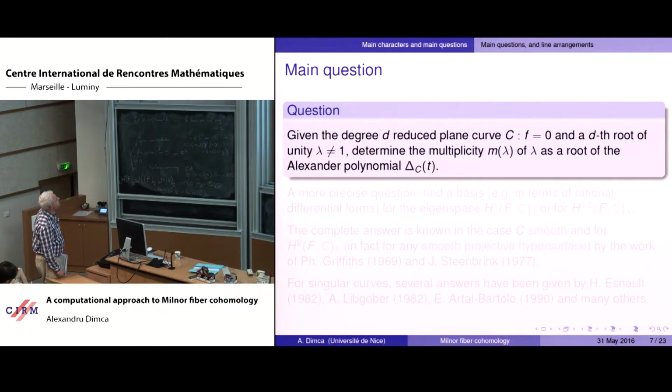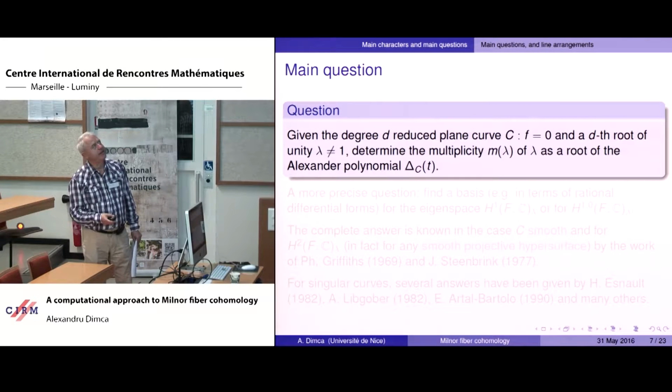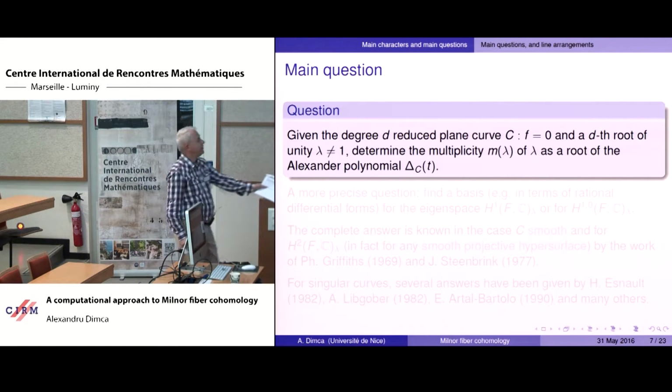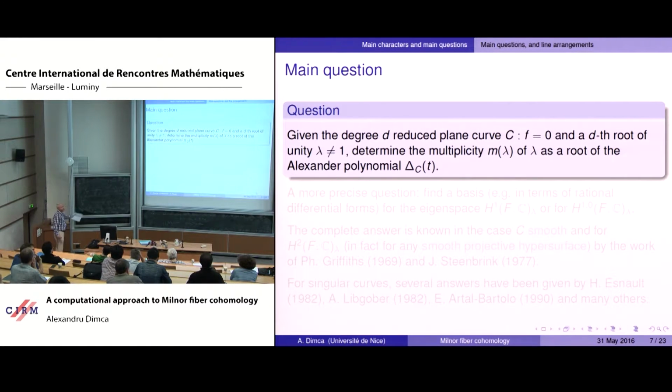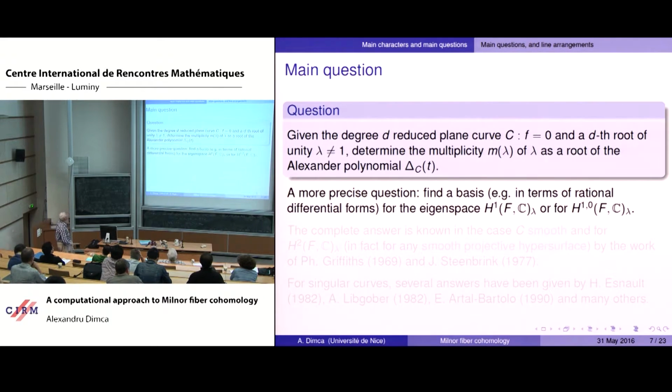So the main question is, given the curve, let's say by the equation, and this root of unity lambda, determine the multiplicity of this eigenvalue as a root of the Alexander polynomial. That is, determine the dimension of this space. That multiplicity is exactly the dimension of this eigenspace.